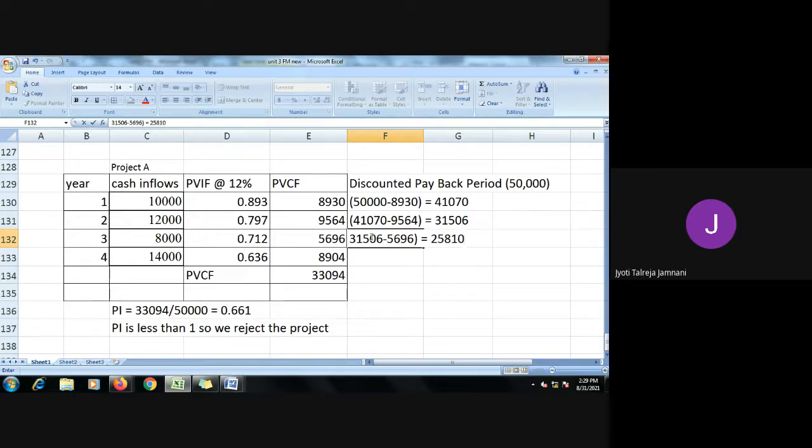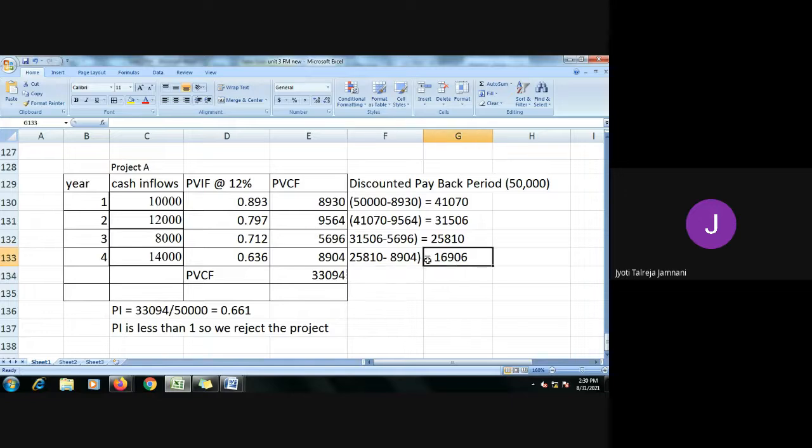25,810. Now, in the next year, from this 25,810, we will minus the discounted cash flows, that is 8,904, which will be equal to 16,906. These were the only 4 years, there is no last year. This is the total. So you can see here how many years it took for us.